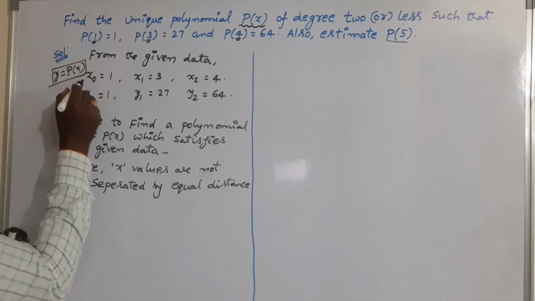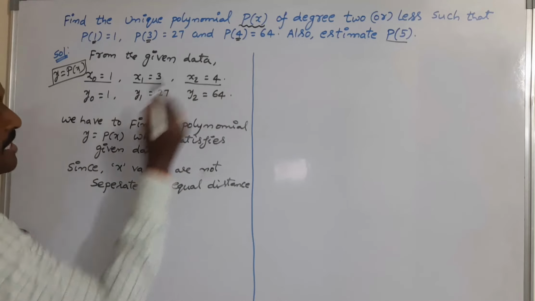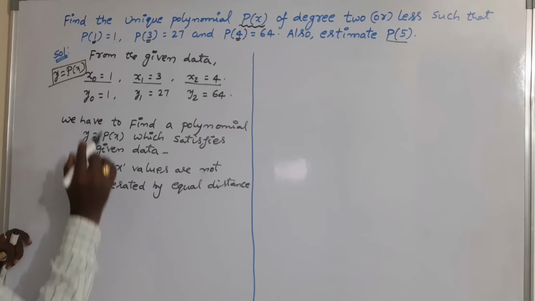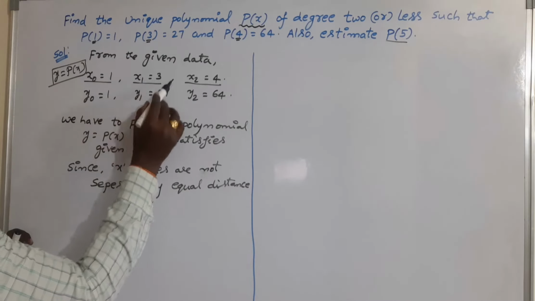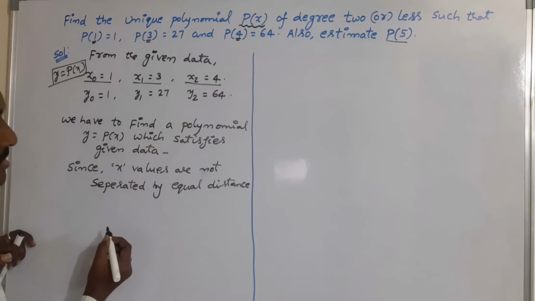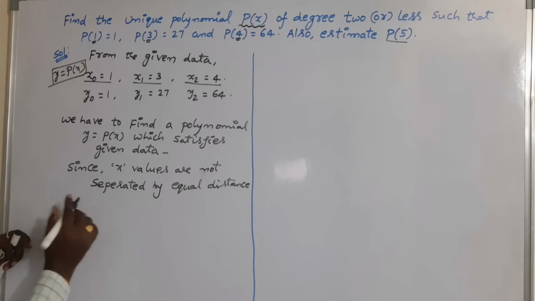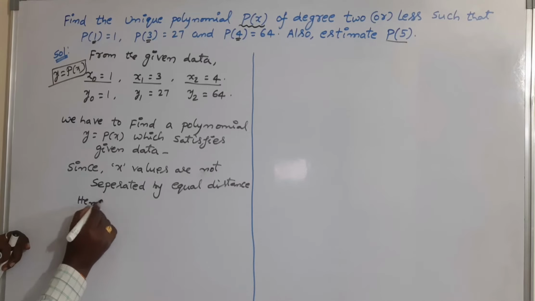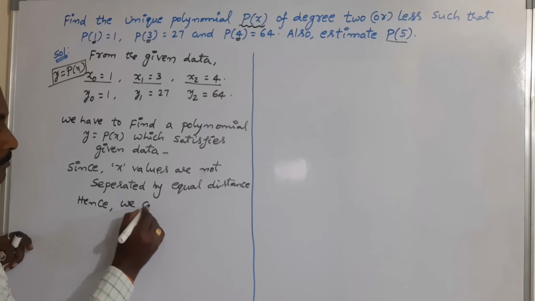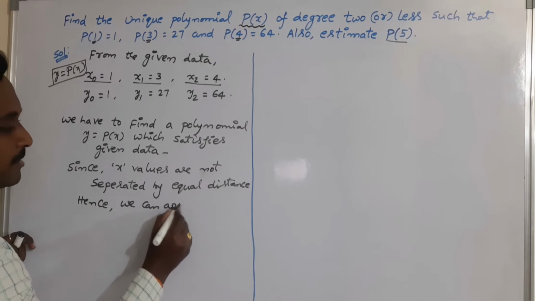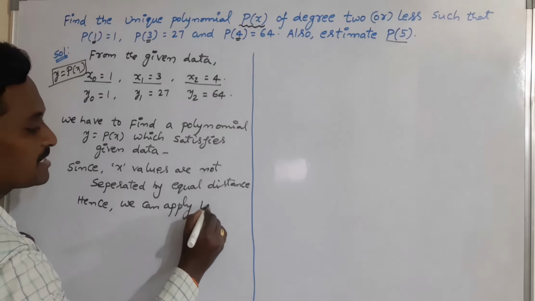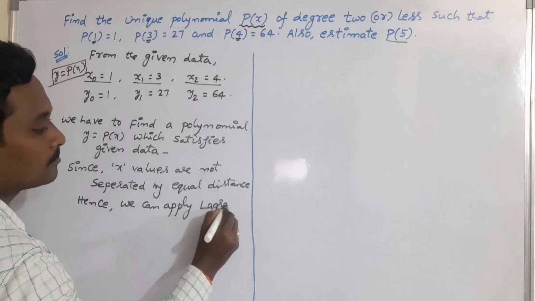So clearly here x values are not separated by equal difference. Okay, so the difference between 1 and 3 is 2, the difference between 3 and 4 is 1, that's why. Okay, hence we can apply Lagrange's interpolation formula.